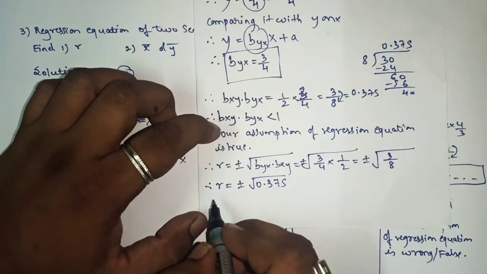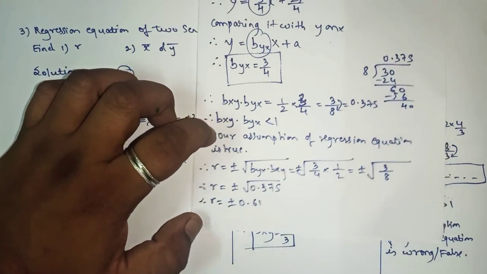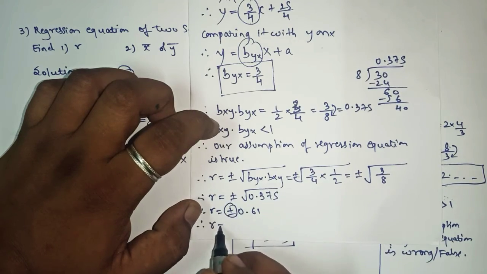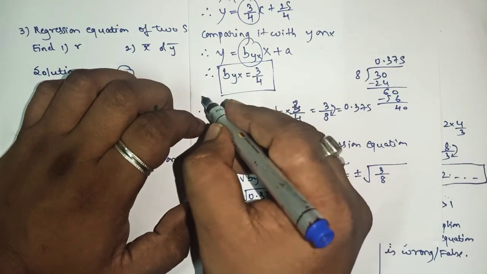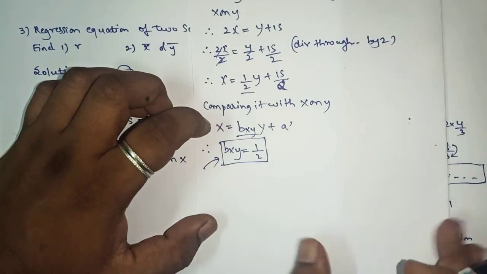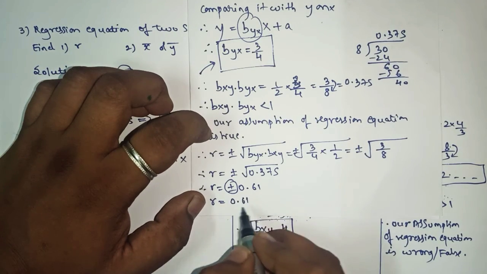0.375 is 0.61, but we know that either the answer will be plus or it will be minus. Here clearly we can see that byx and bxy both are positive. If both are positive, so answer will be positive only.